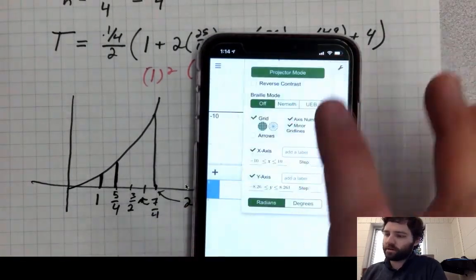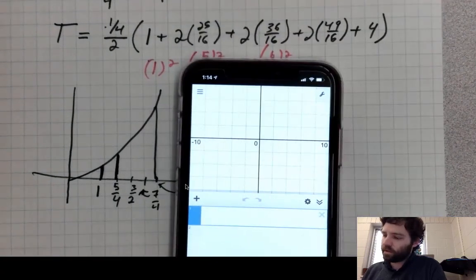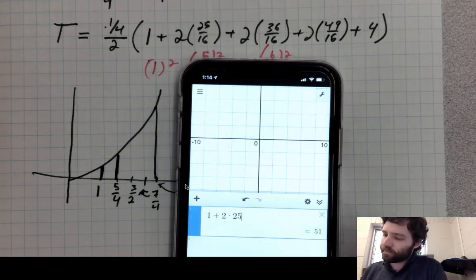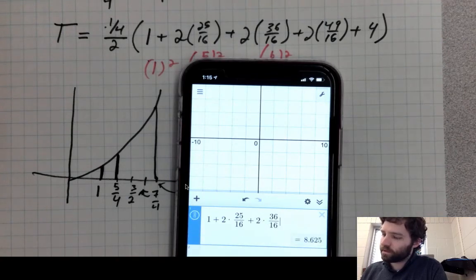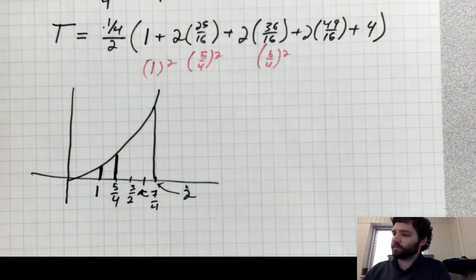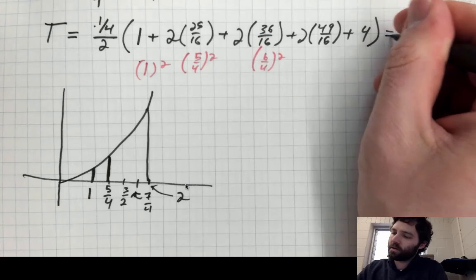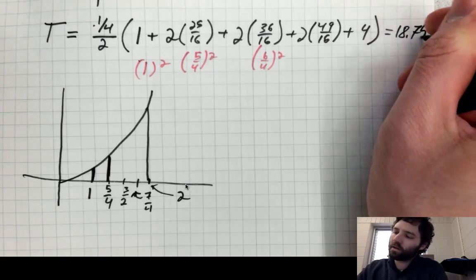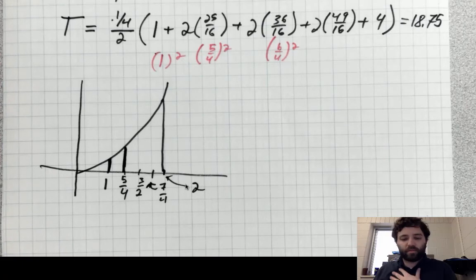So if we just compute this real quick, it'd be 1 plus 2 times 25 over 16, plus 2 times 36 over 16, plus 2 times 49 divided by 16, plus 4. Okay, so 18.75. All right, for the approximate area under the curve.